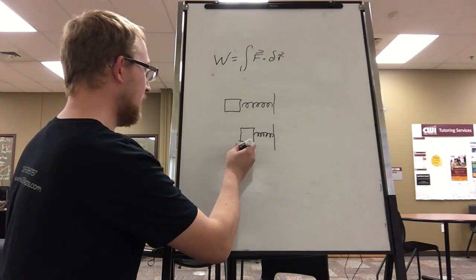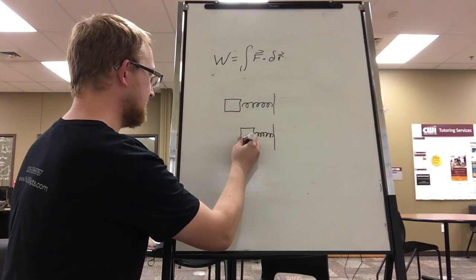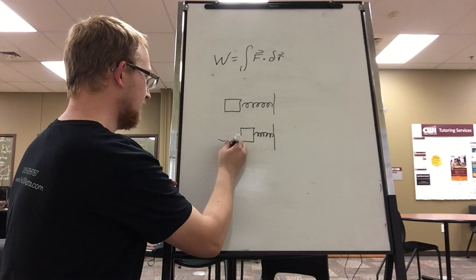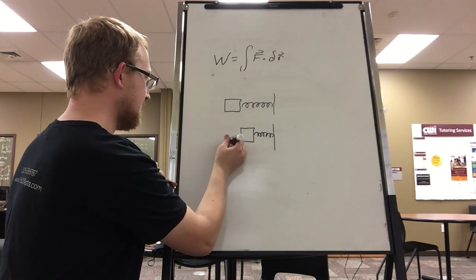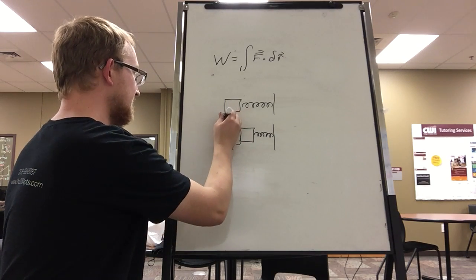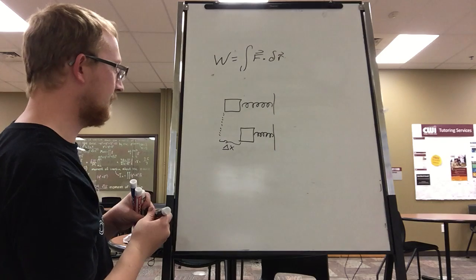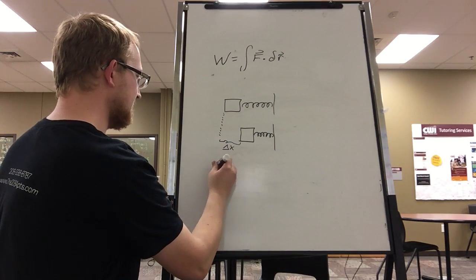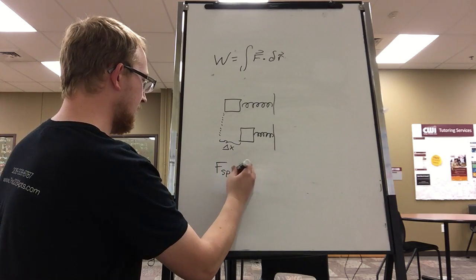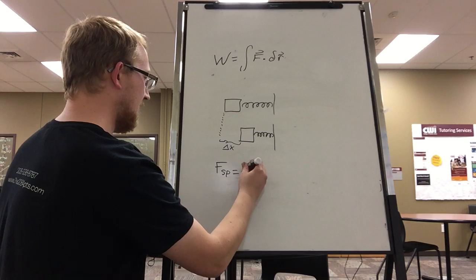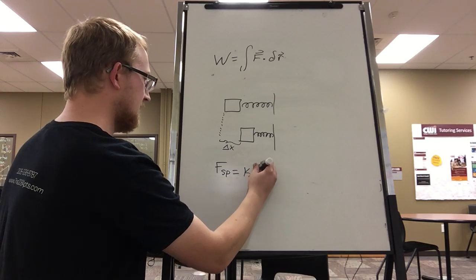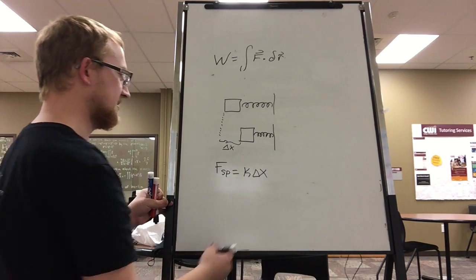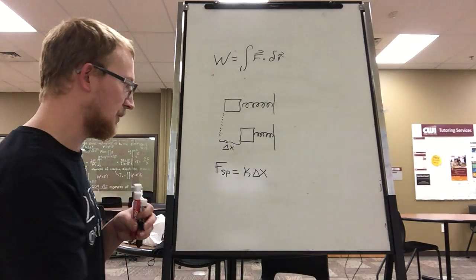And so we know that Hooke's law tells us that, for example, if this is some displacement in x, and this is the original position of the spring, the force caused by a spring is equal to k, which is a constant, times the amount that you've compressed or extended the spring.